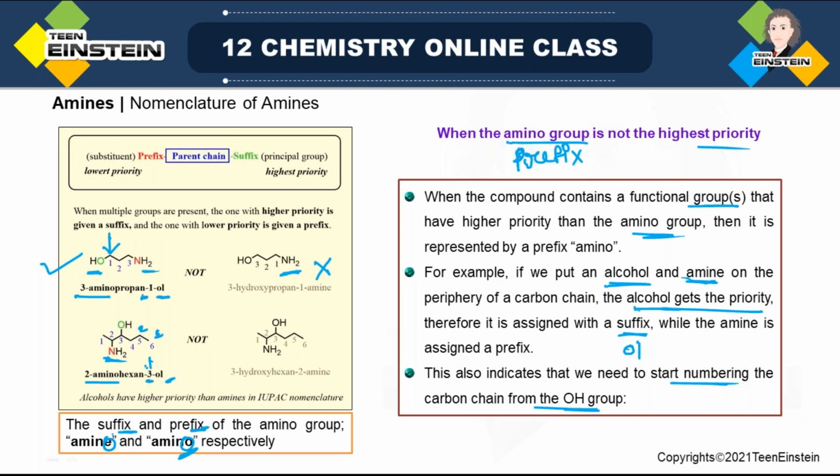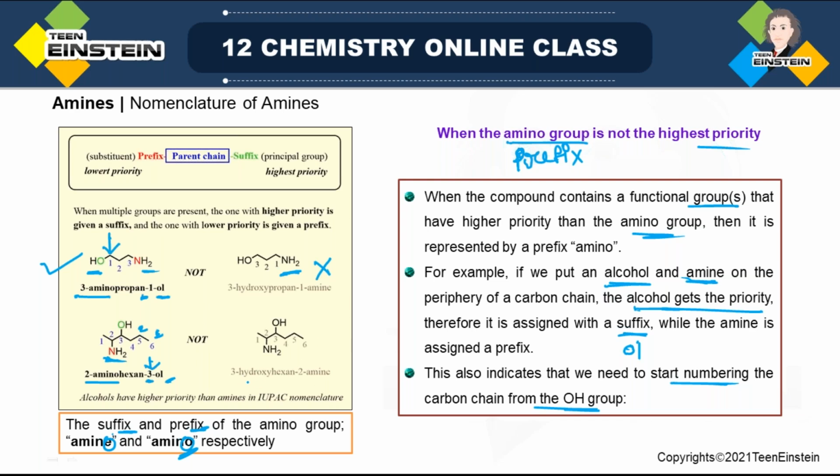Now this position must be written properly, because if you do not write 3 and try to write the structure, suppose you have written 2-amino hexanol, then it is not correct, because from that name, the structure you get has OH at 1, but that is not true. That is why it must be written as hexan-3-ol. And why is the second one not correct?